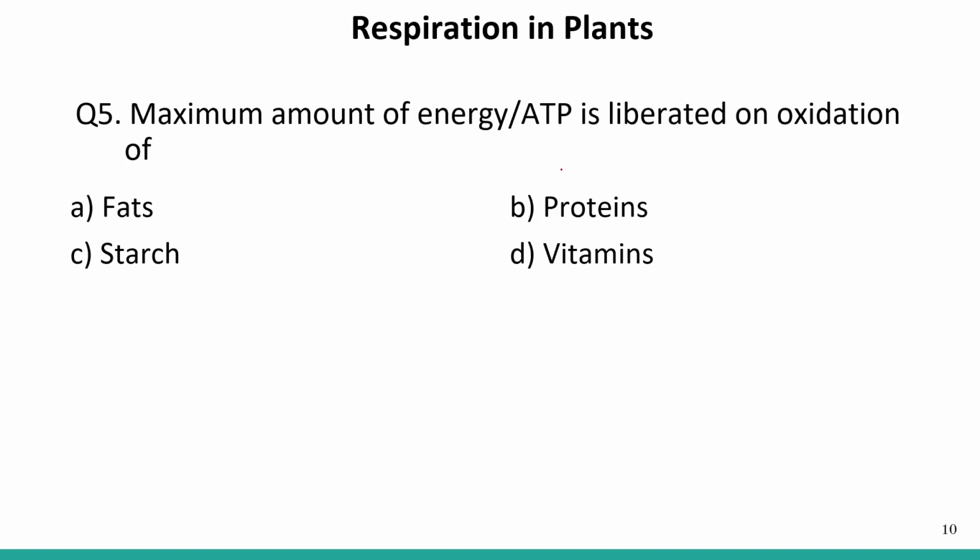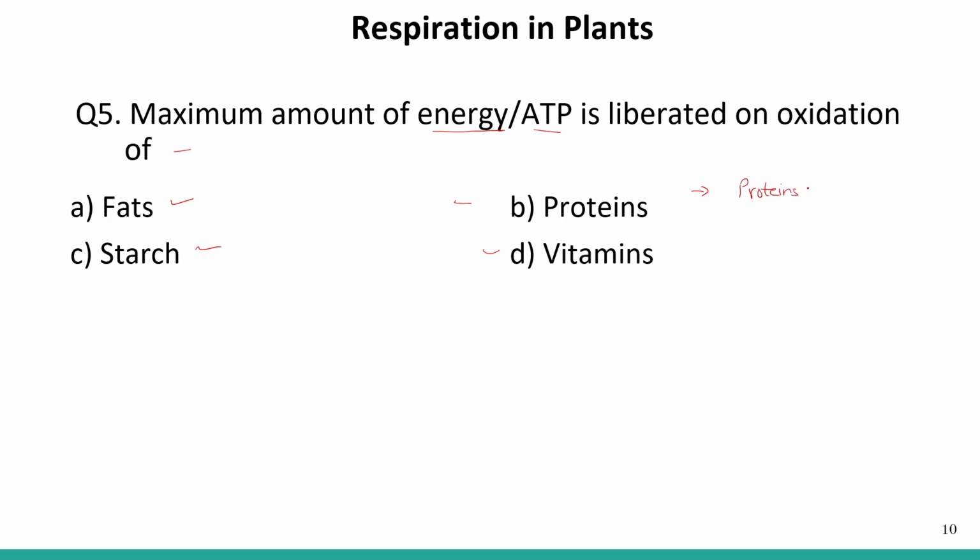The next question is: the maximum amount of energy, or ATP, is liberated on oxidation of, the options are fats, proteins, starch and vitamins. Let's talk about the burning of 1 gram of any organic molecule.